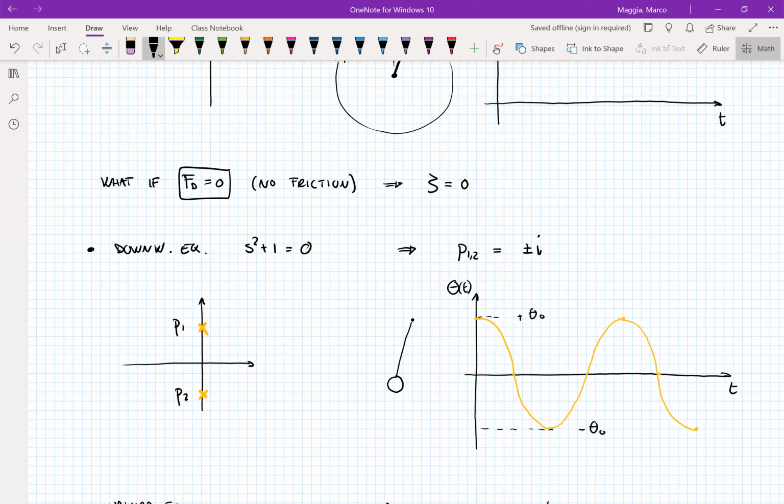And if we plotted the response of the pendulum when we let it go, well, the pendulum without friction to slow it down will keep oscillating between plus and minus theta 0. So the response is a purely harmonic function. Is this a stable system? No, it's not, because we're never coming back to the equilibrium position.